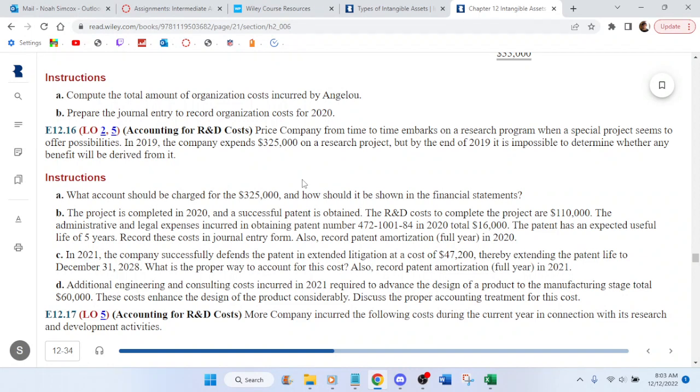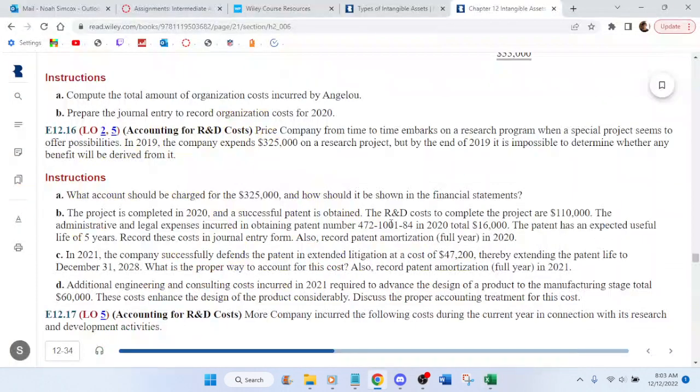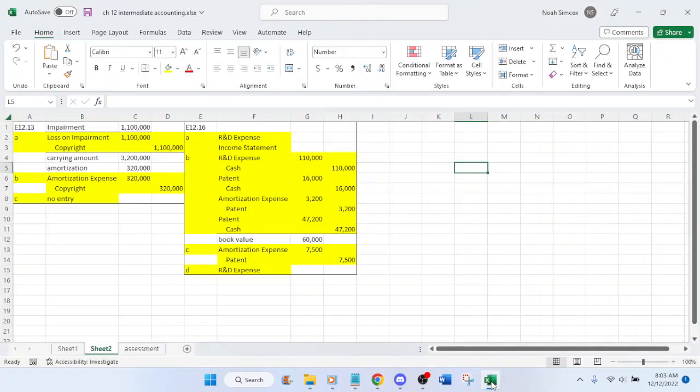The 110,000 is going to be R&D expense. So we're going to have R&D expense 110 and cash 110, or it could be accounts payable, whatever. And then patent is 16,000. So we have patent 16,000, cash 16,000.